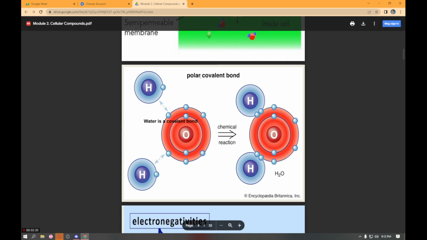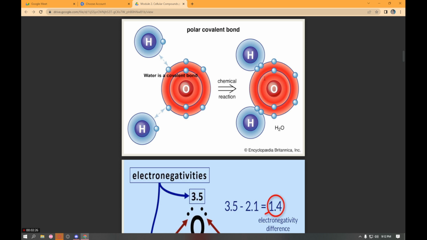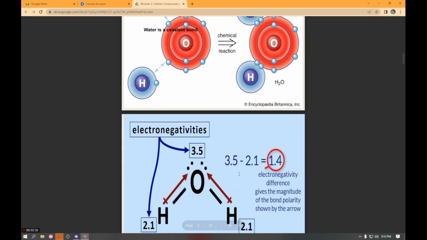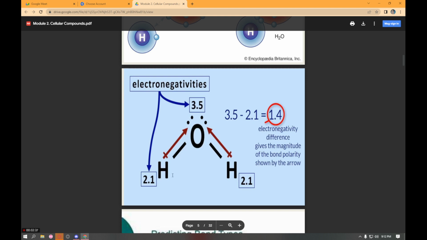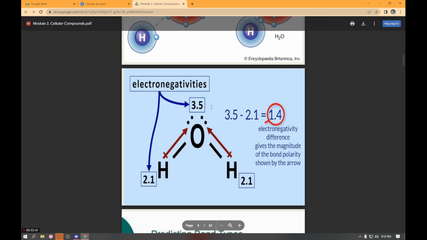But how about when you say polar bond? Your water is a polar bond, in terms of electronegativities, aside from being partially positively and negatively charged. The electronegativity of hydrogen is 2.1, and the electronegativity of oxygen is 3.5.